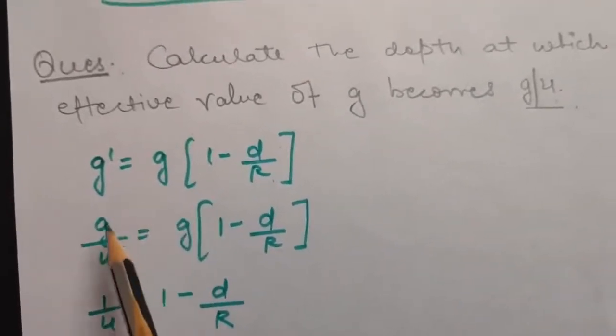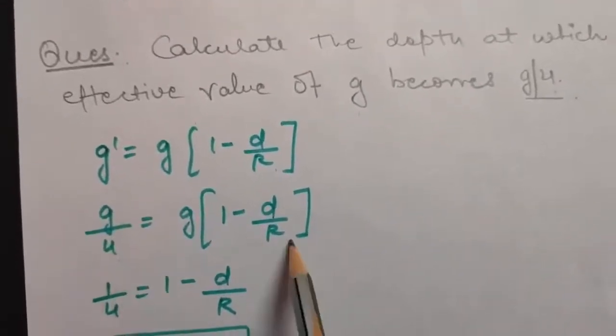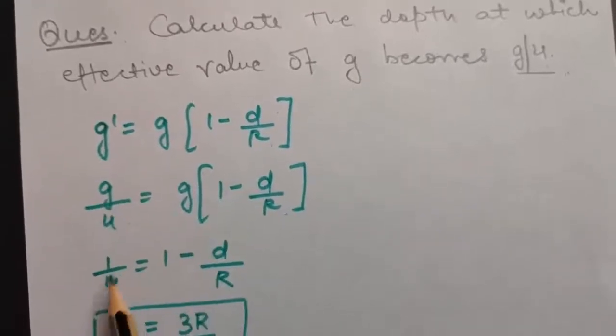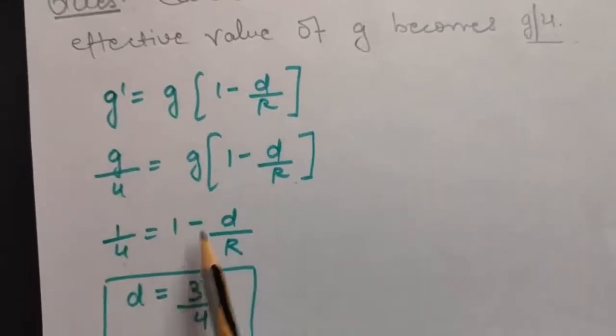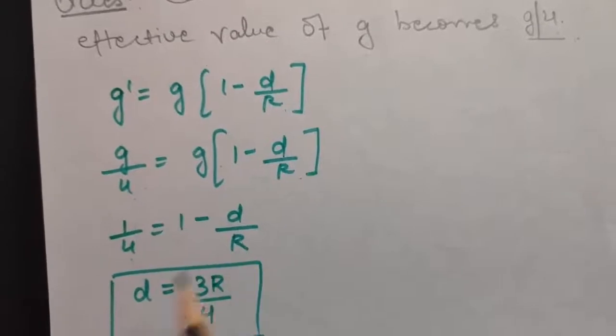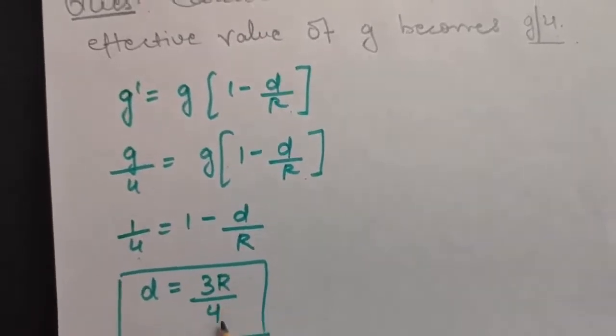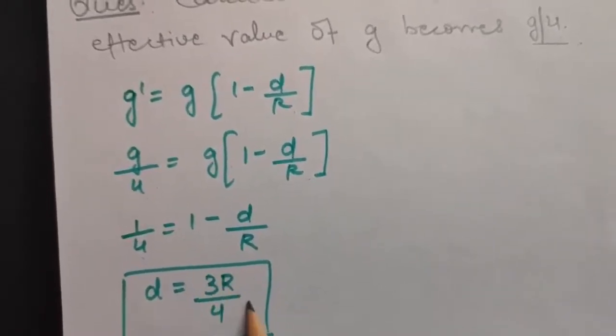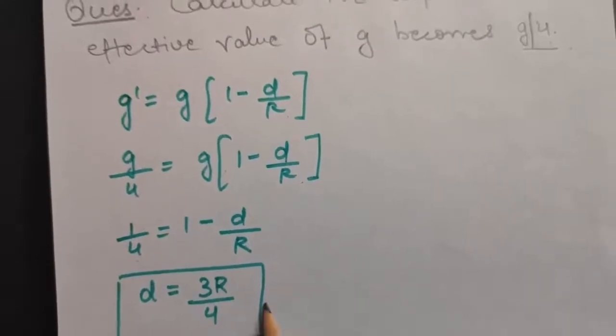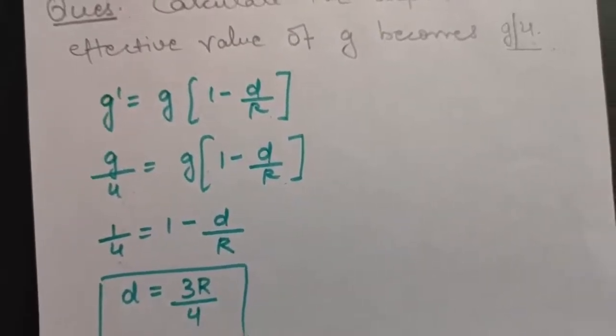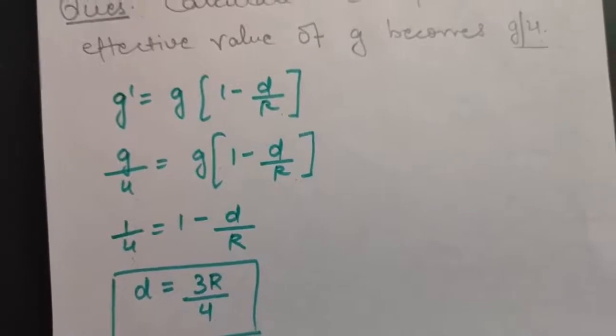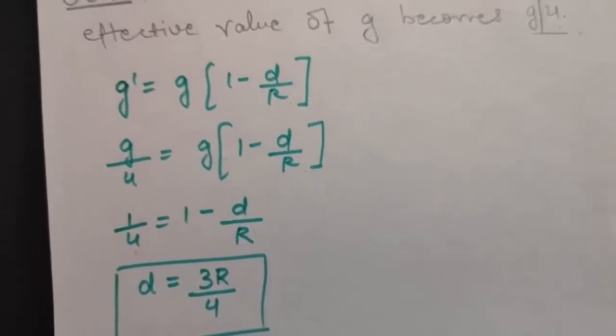So put g dash as g by 4. g will cancel out, so you will get 1 by 4 equals 1 minus d by R. From here d will come to be 3R by 4. That is, at this depth the acceleration due to gravity will become g by 4, that is 1/4 of the gravity at the surface of the earth.